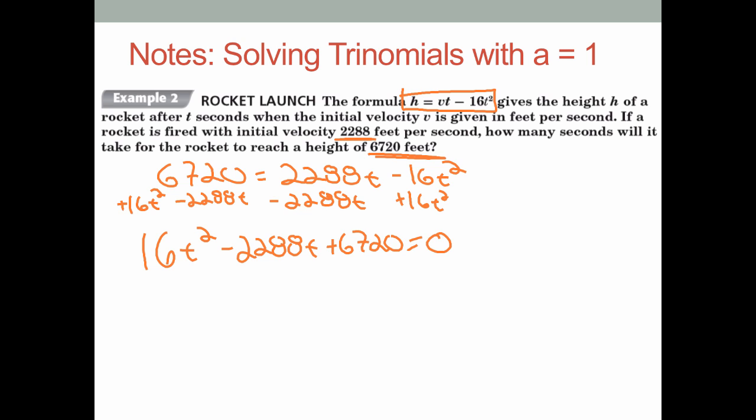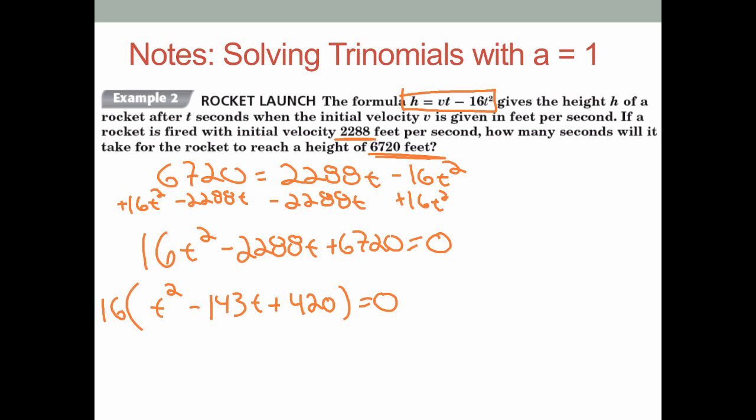So you might not recognize this, but in this problem, all of these numbers are actually divisible by 16. So if I take a 16 out, I would be left with t squared minus 143t plus 420 equals 0.